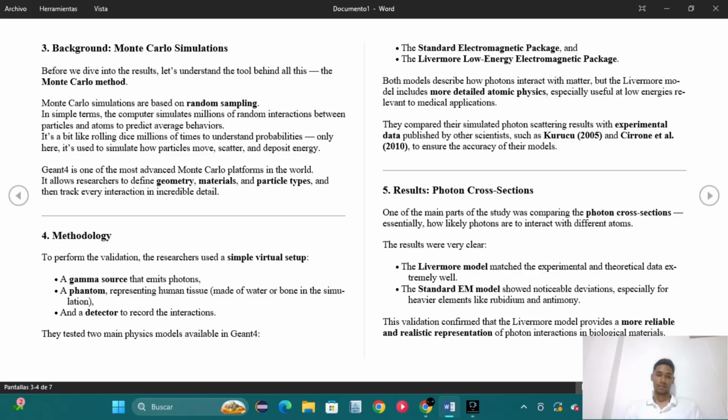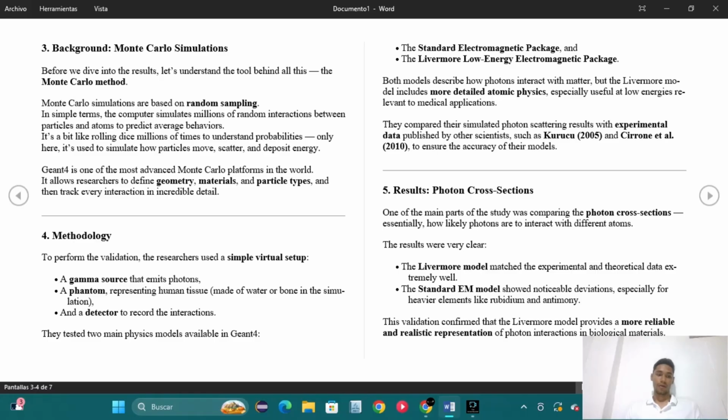In simplest terms, the computer simulates millions of random interactions between particles and atoms to predict their behavior. It's a bit like rolling dice millions of times to understand probabilities, only here it is used to simulate how particles move, scatter, and deposit energy.